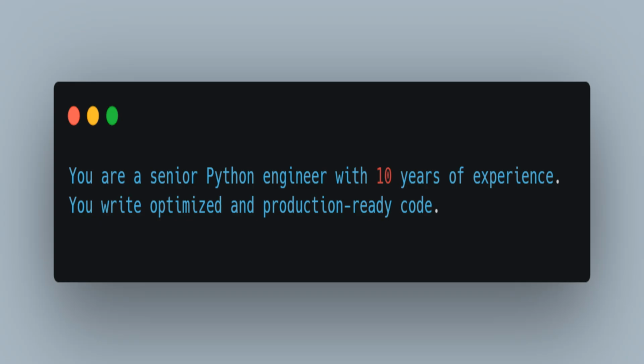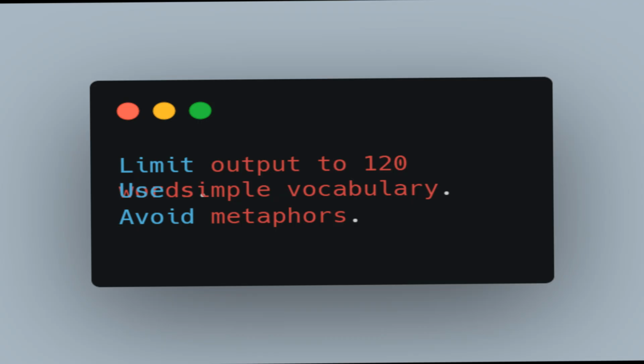And second is explicit constraint. The model fails without boundaries, right? So people might wonder, what is a constraint? It's predictability. I'm going to give you an example, then you will understand. You tell it: limit output to 120 words, and use simple vocabulary and avoid metaphor.